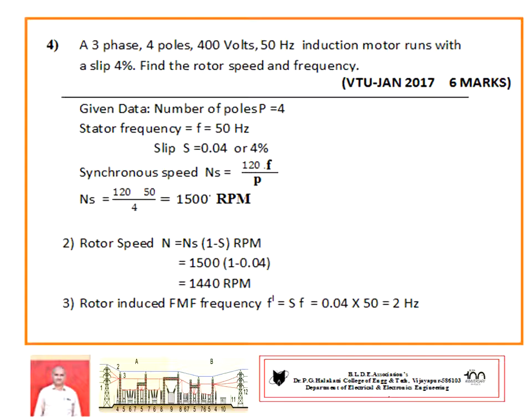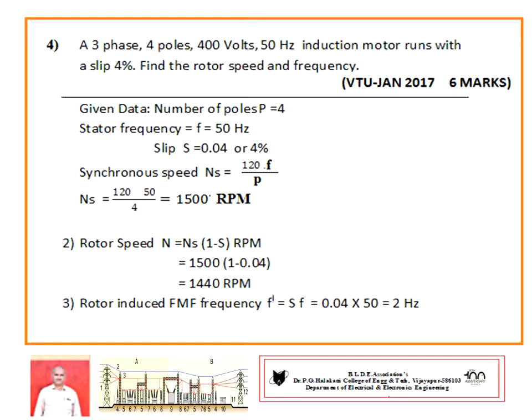So given data, you all write down on one side. Number of poles is given, P equal to 4. Stator frequency is given, f equal to 50 Hertz. Slip value is given, sir, 0.04 or 4%. You can write the fractional value, it is 0.04.